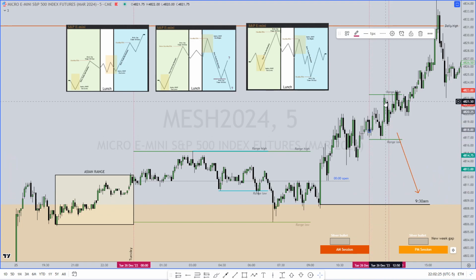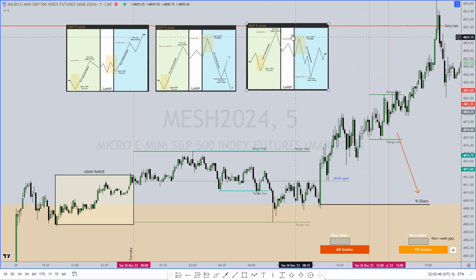In this movement between noon and 1, price was not forming any movement into the AM rally leg. We're looking for that price movement to start to retrace into the AM rally leg. We don't have that.